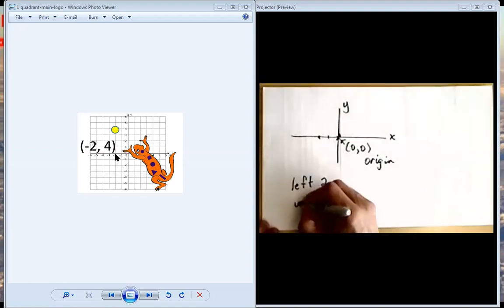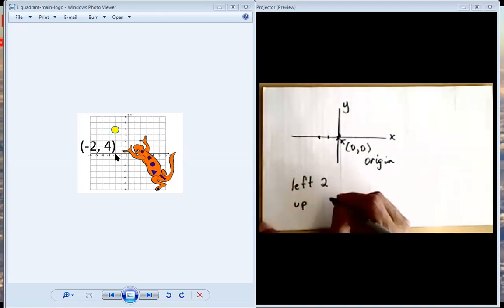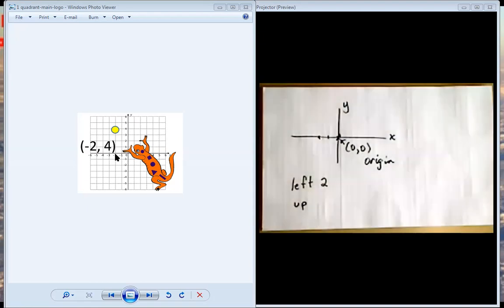And then the only thing he has to do is go upwards now, right? Upwards by how much? How high is that yellow dot above the x-axis there? Need to see?